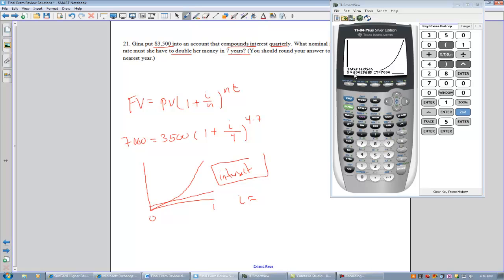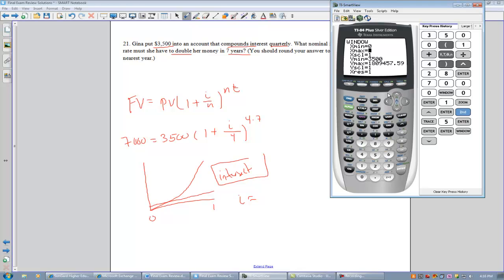So now I really don't know what that number is because I can't read it off there, and I can figure it out if I change my window. So I'm going to have to move my window, and there are several ways to do this. One way is to change what y max and y min are.